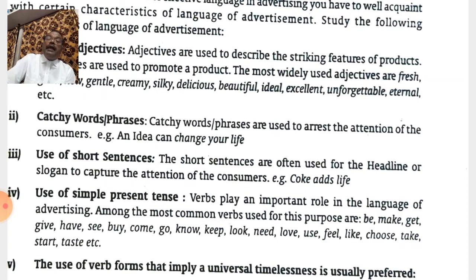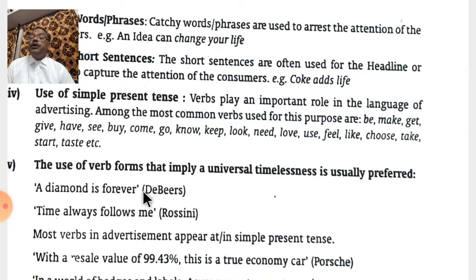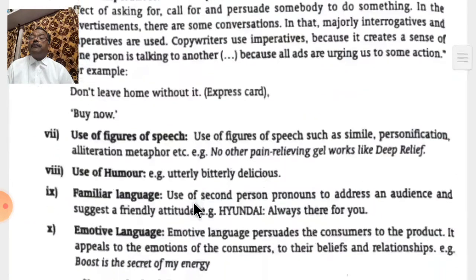The verbs like be, make, get, give, have, see, buy, come, go, know, keep, look, need, love, use, like, choose, take, start, and test. See here. These verbs can play the dominant role in advertisements. The use of verbs is given here.